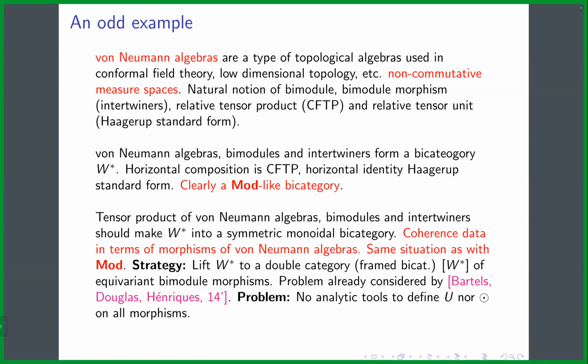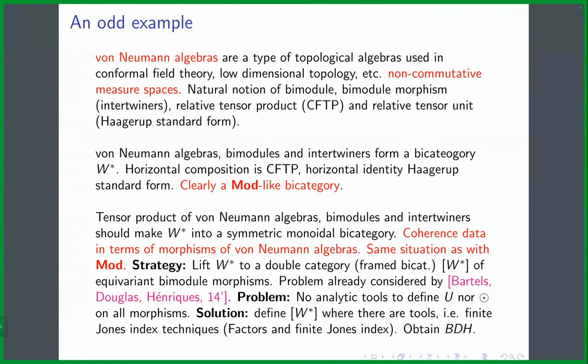But they ran into a couple of problems. The main one was that there were no analytic tools to define a functorial horizontal identity nor a functorial confusion tensor product on general normal morphisms.